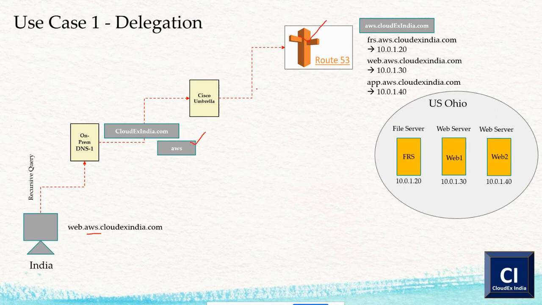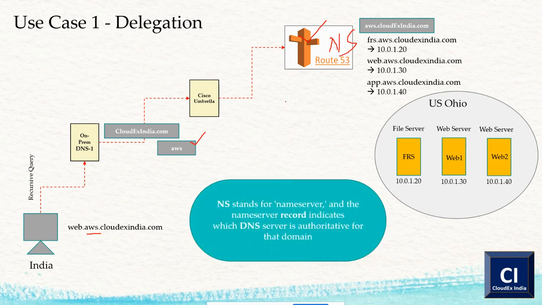So for that, first of all you have to get the NS record from your Route 53. So what is an NS record? NS record is name server. Basically, name server indicates which DNS server is actually hosting the database. And how can you get the NS record?